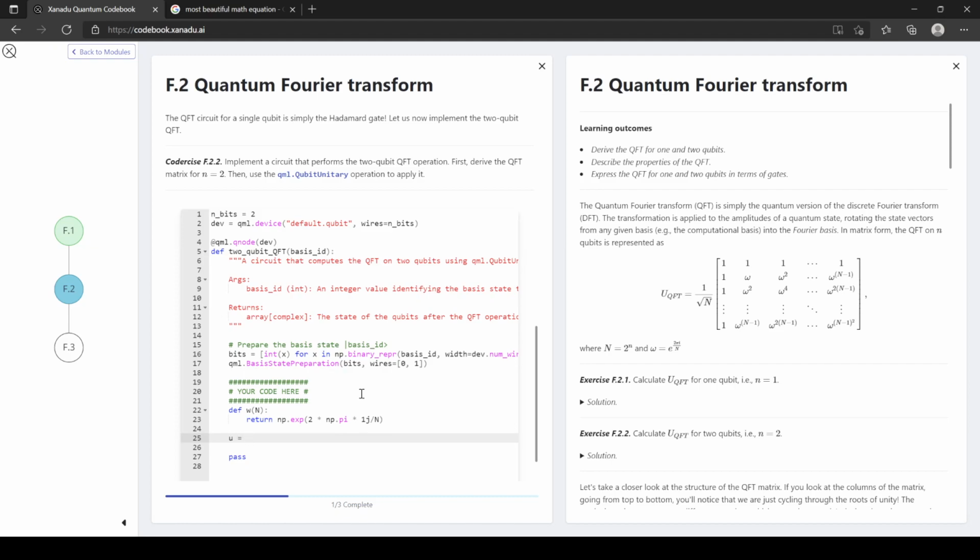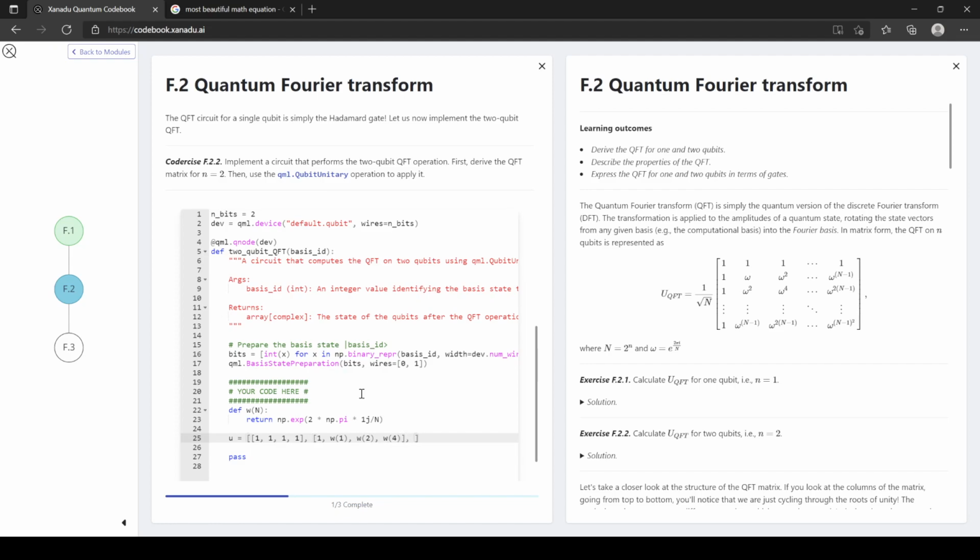U equals 1, 1, 1, 1. Then we have our second row, which is 1, W of 1, W of 2, W of 4.